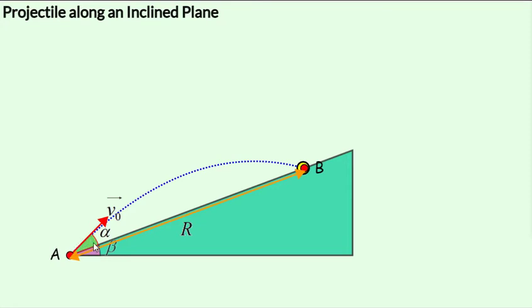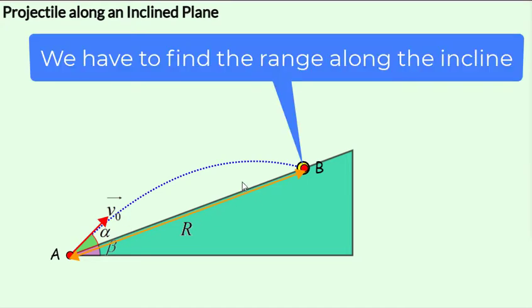Then the angle of launch with respect to the ground would be alpha plus beta, which in all the previous lessons we've been referring to as theta. So alpha plus beta equals theta. And what we are interested in is to find the range R, not along the ground this time, but along the incline.